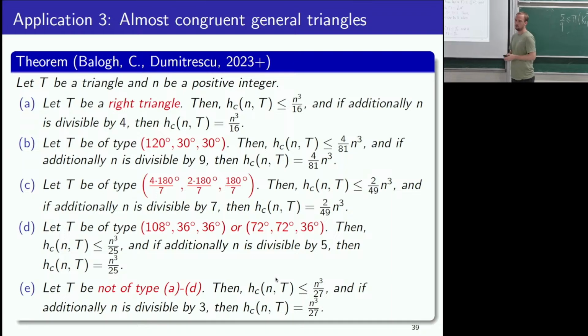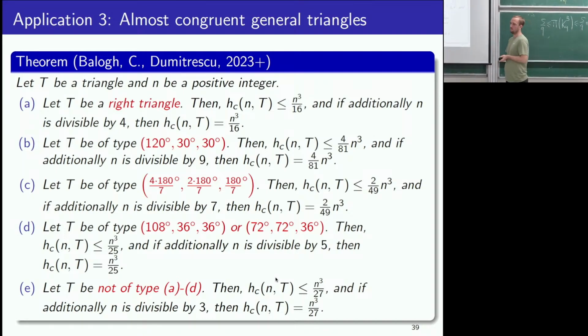So I also looked at the Pikhurko result, but the forbidden family is not quite clear. For small 3-graphs you can find them, and so I did not succeed in applying Pikhurko's result.